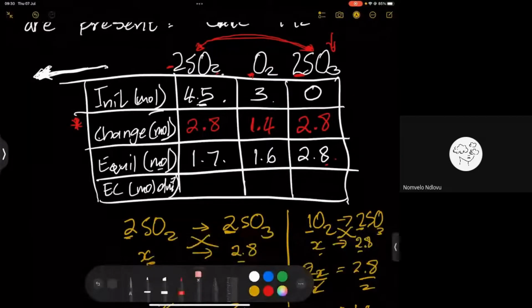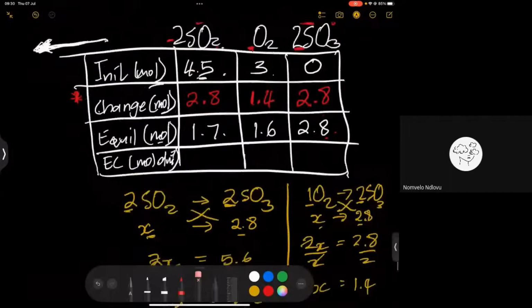But you see, I don't know what you will get at your exam, and I don't want to tell you that it's always minus. It depends on whether the forward reaction is taking place or the reverse reaction is taking place. Happy days? Yes, sir. Okay.